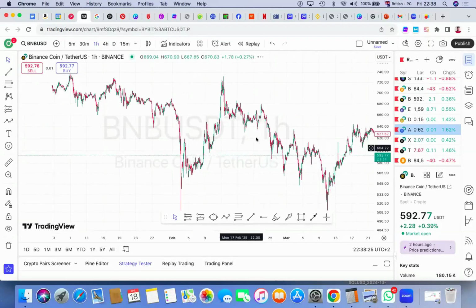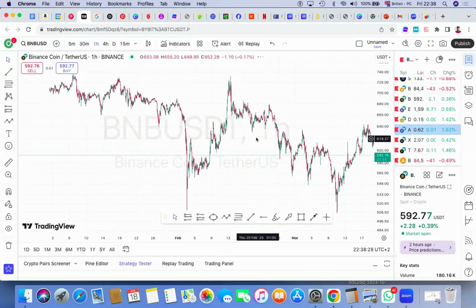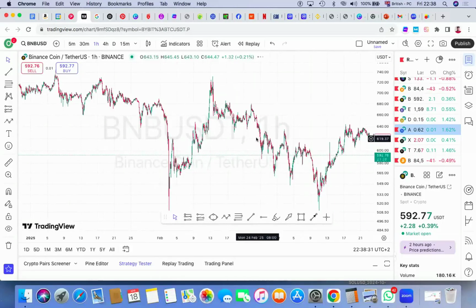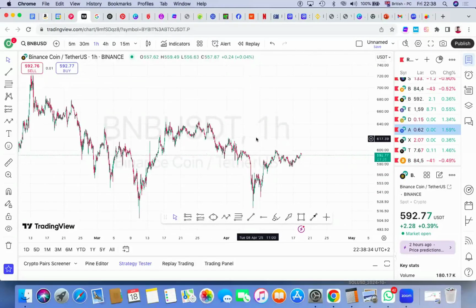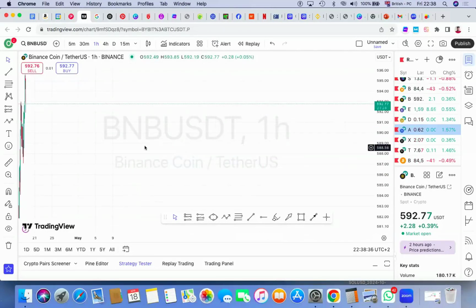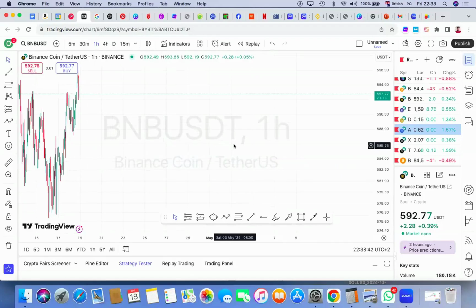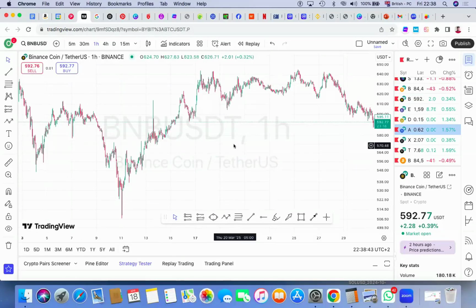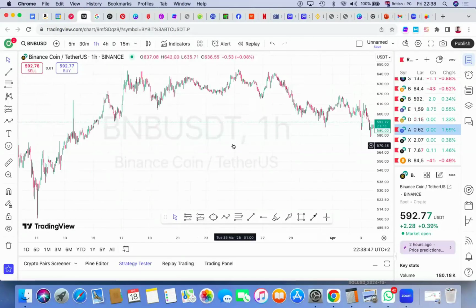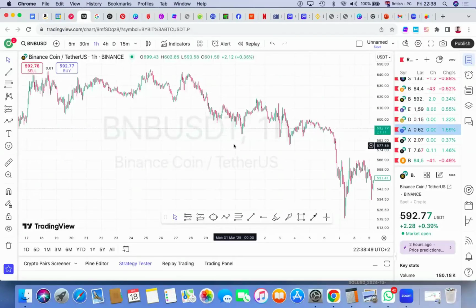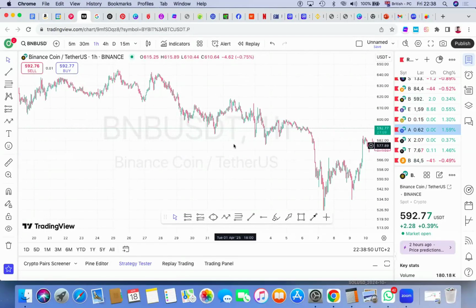Even though the network is a bit lagging, this is a downtrend scenario.